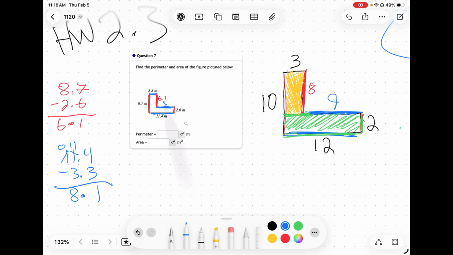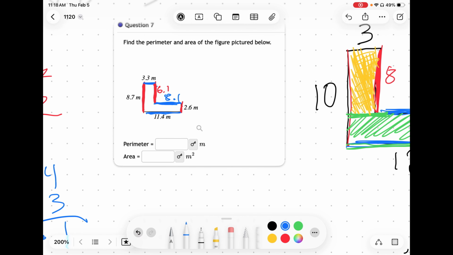So my section there is 8.1. So to get the perimeter of this problem, I would do 8.7 plus 3.3 plus 6.1 plus 8.1 plus 2.6 plus 11.4. But I couldn't do any of that until I got that missing 6.1 and the missing 8.1.